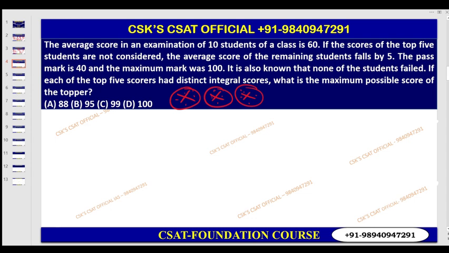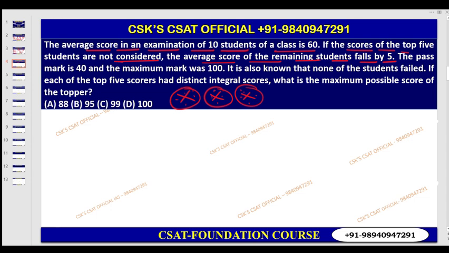Because the average score in an examination of 10 students of a class is 60. If the scores of the top 5 students are not considered, the average score of the remaining students falls by 5.